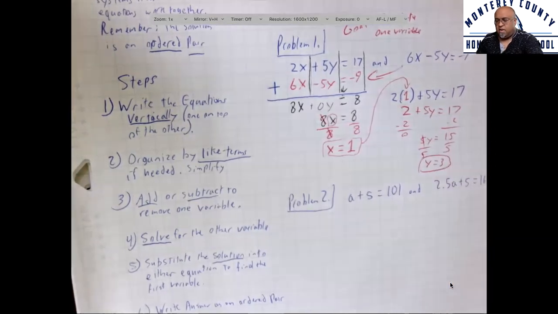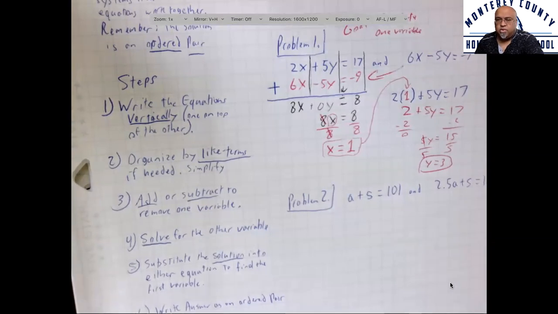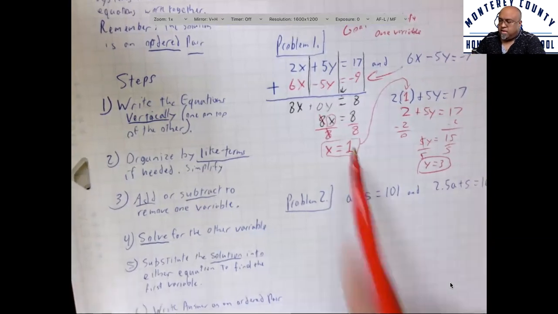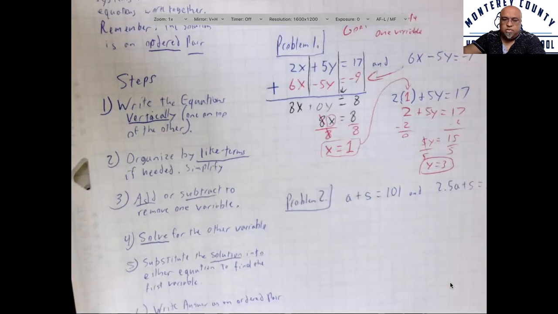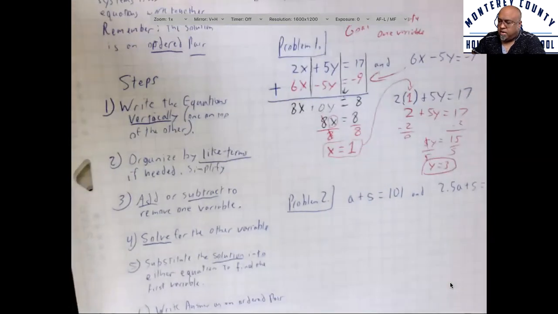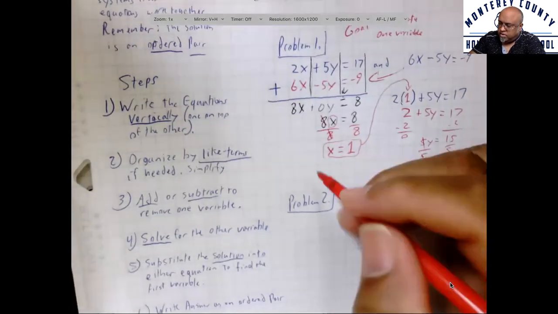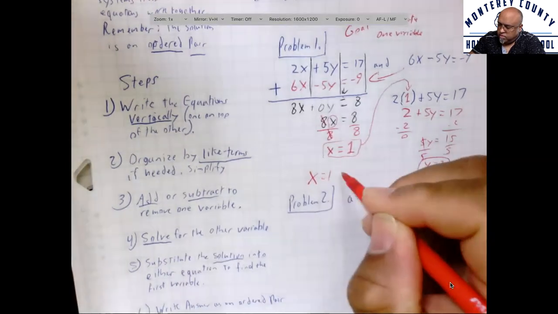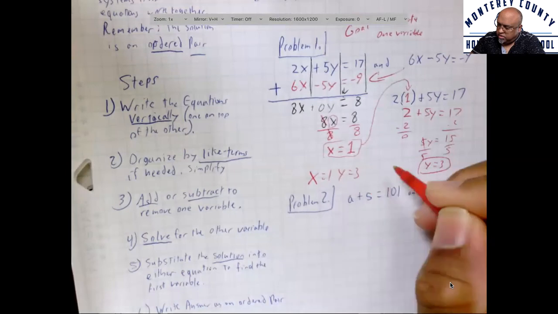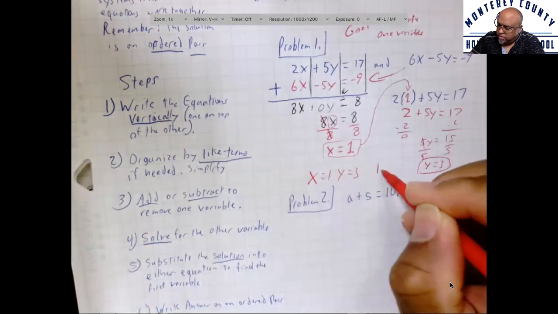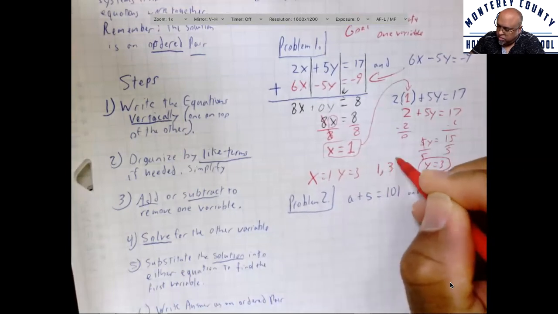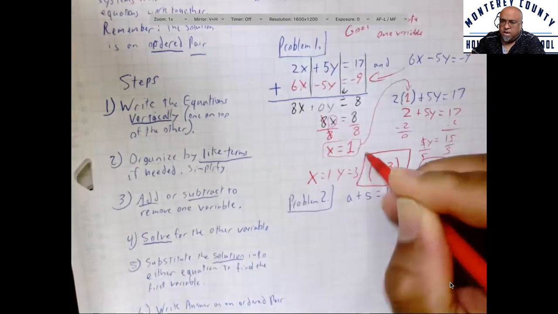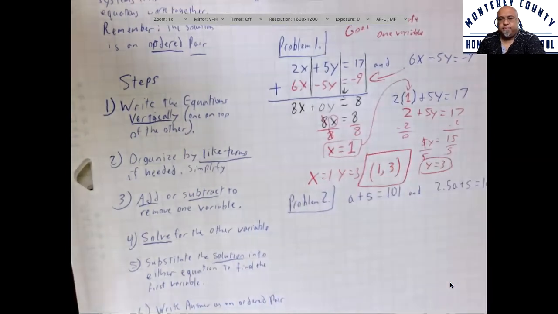So now I have the solution to both. I have the x and the y, so my last step is write as an ordered pair. So x is 1, y is 3, so I read it as the ordered pair 1, 3, and that is my answer. Okay?